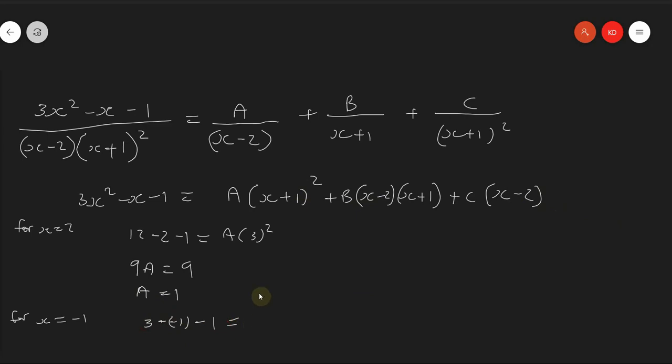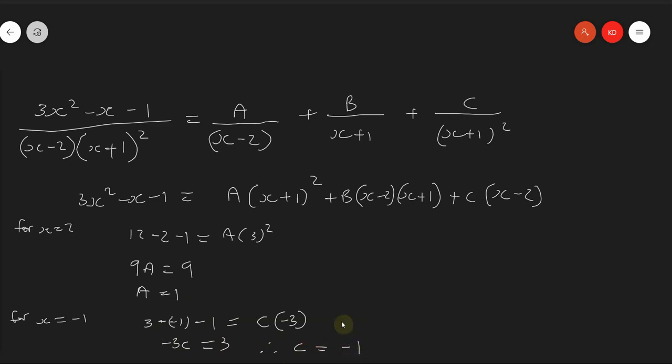Good. And that's equal to, as I said before, the a will cancel, all of this will cancel, which leaves us with c into minus 1 minus 2, that's negative 3. Good. So we have negative 3c equal to 3. Good, because minus 1, that's plus 1, so plus 1 minus 1, that's 0, which leaves just the 3. So negative 3c equals 3, therefore c is equal to negative 1.